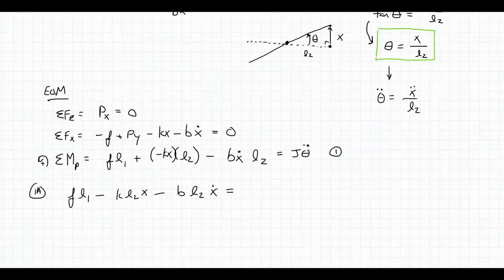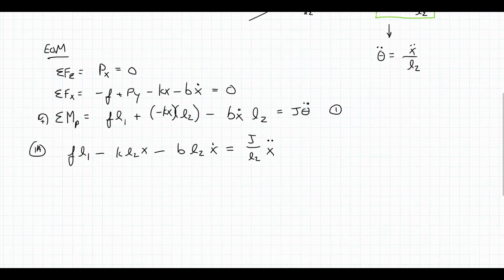But because L2 is a constant, the relationship between the angular position and that translational position is the same as the angular acceleration and the translational acceleration. So I can make this substitution of J over L2 x double dot in 1a. And this becomes 1b, again coming from that moment equation, but with the relationship between the angular acceleration and that vertical acceleration substituted in.